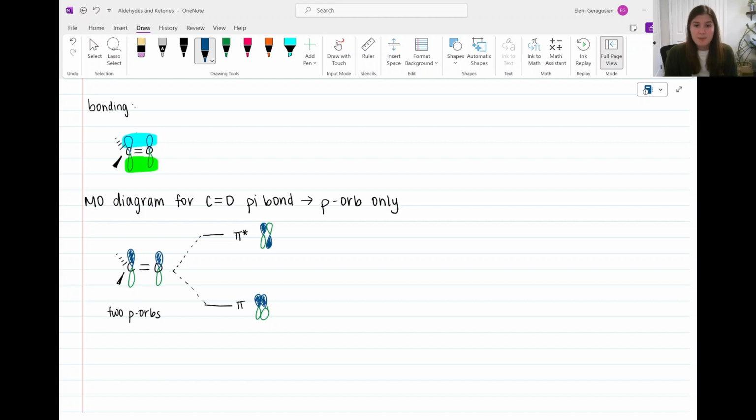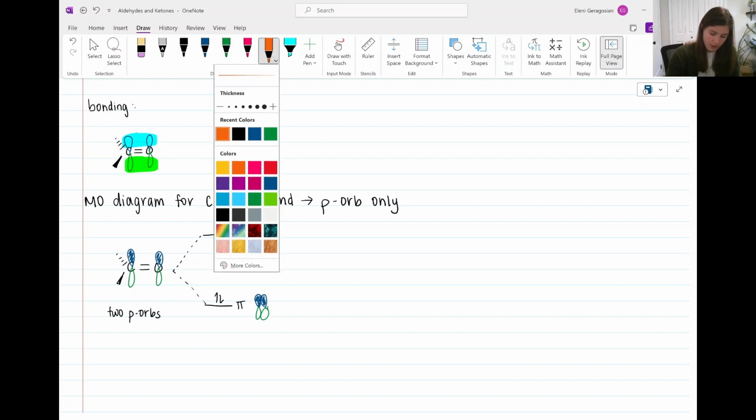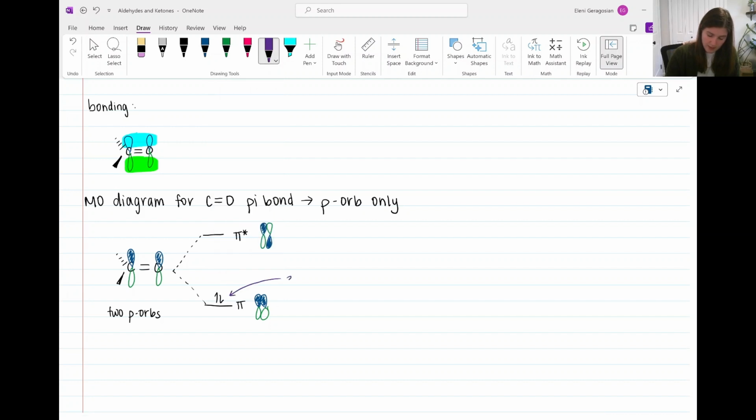In this pi bond, we have two electrons. We have one double bond. So in the pi bond, we have two electrons. We show them in the lowest energy orbital. Let's just emphasize this here: we have two electrons in the pi bond.